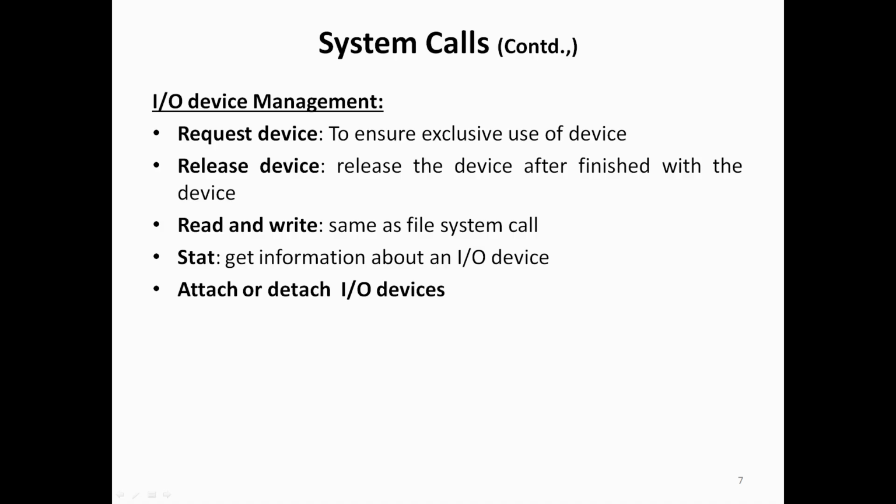One best example for IO device management is the use of our pen drive. We may connect the pen drive either logically or physically. Physically connecting is just inserting the pen drive into the CPU, but logically, before ejecting the pen drive physically, we can just terminate the process. All these processes are taken care of by the IO device management system calls.